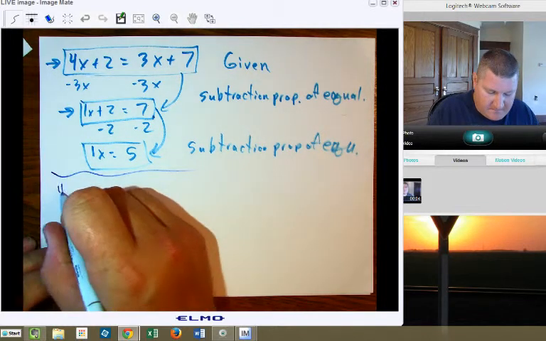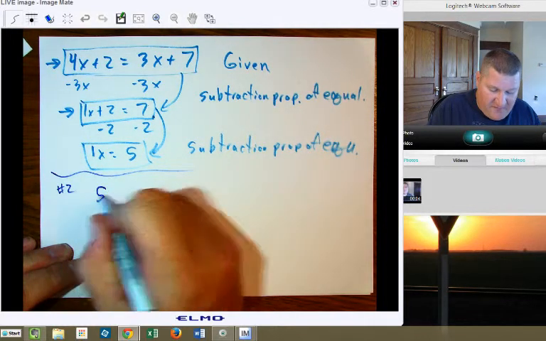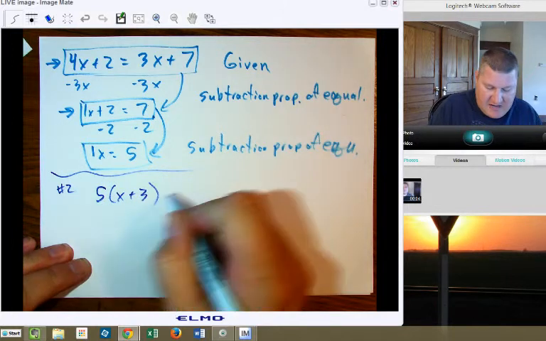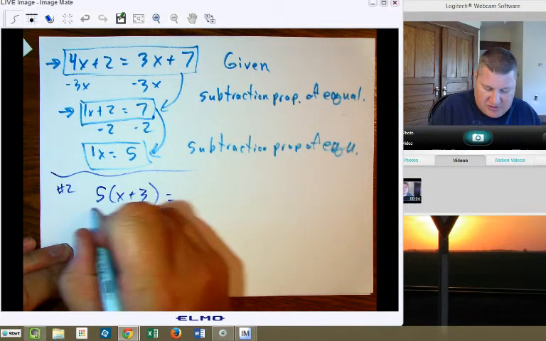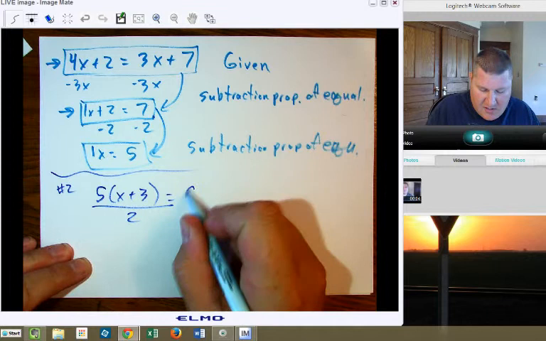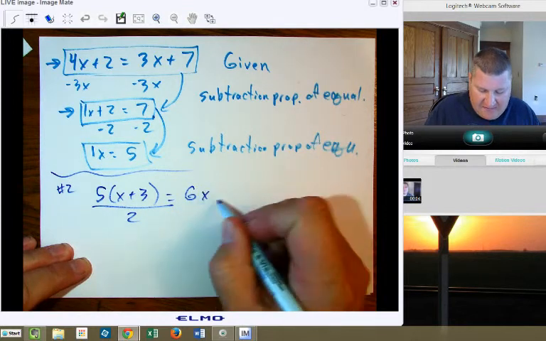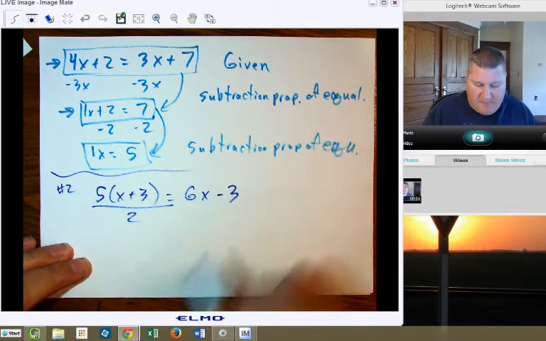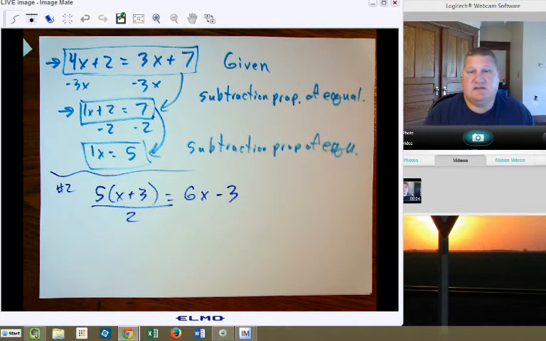Next problem. Let's go 5 parentheses x plus 3 equals, let's put a 2 over here, 6x minus 3. Okay, give that a whirl. Now, once you've given that a whirl, hopefully you have a number of steps.